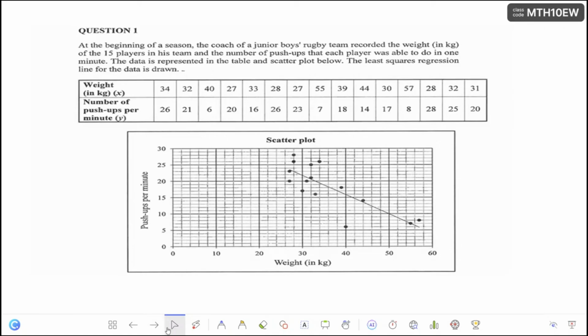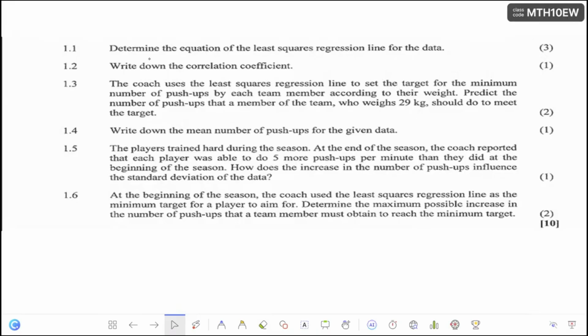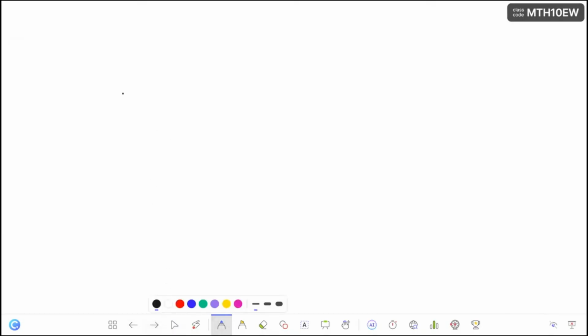Now we need to write the value of A. In order to do that, you need to know that the equation of a regression line is written in the form 1.1: Y is equal to A plus BX.